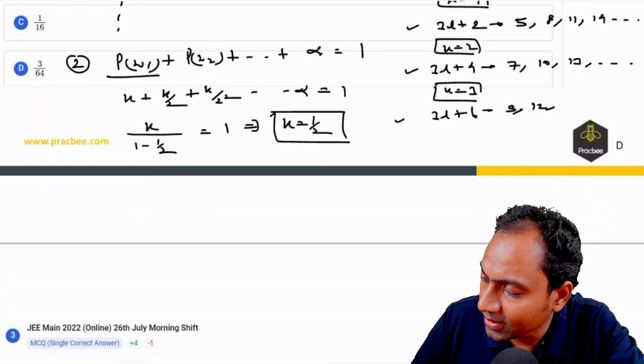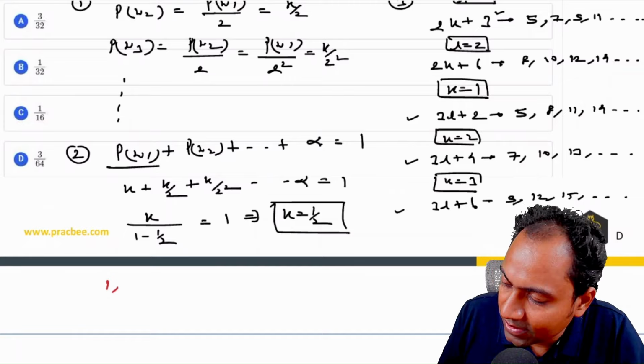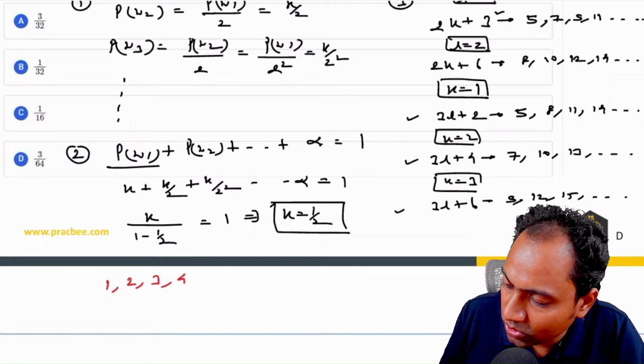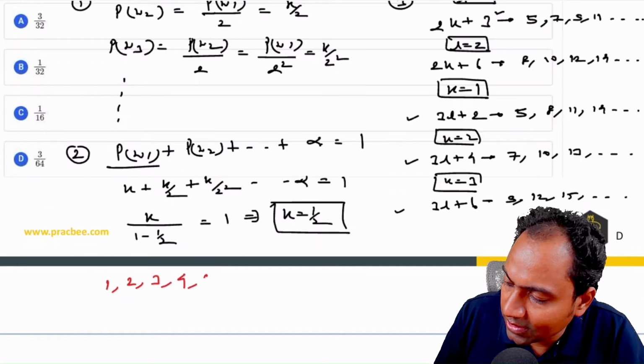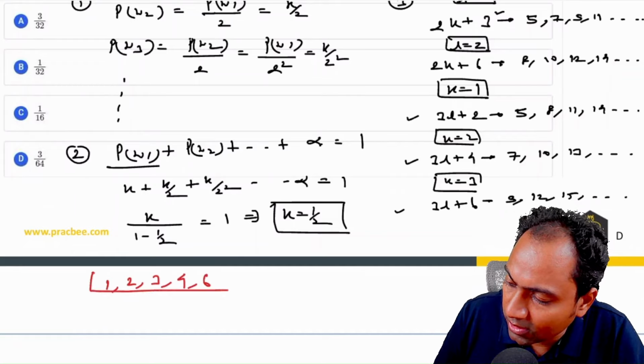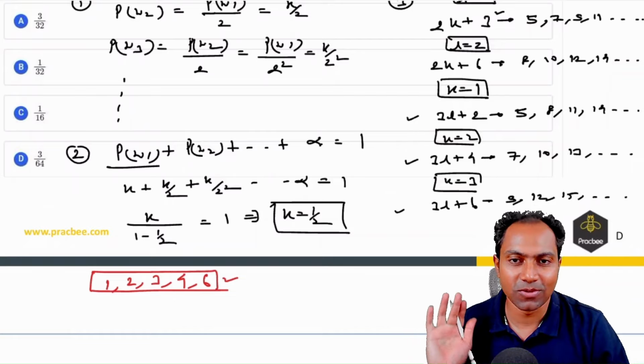Then keep on adding 3, you will get the remaining numbers. So if I write out the missing numbers, 1 is missing, then 2 is missing, then 3 is missing, 4 is also not there. And after that 5 is there, but 6 is not there. So these are the missing numbers from all the natural numbers. And the rest of the numbers, if you see, are covered in this series somehow.